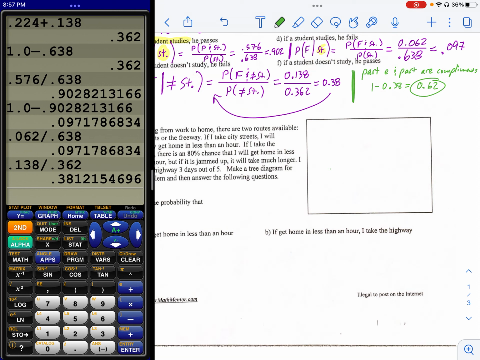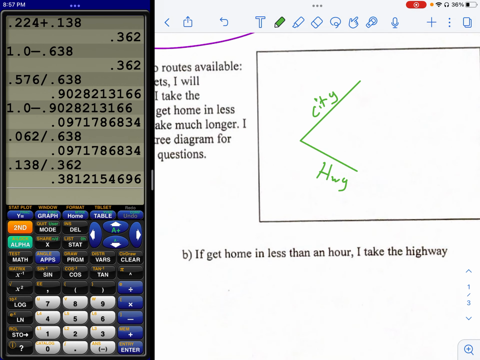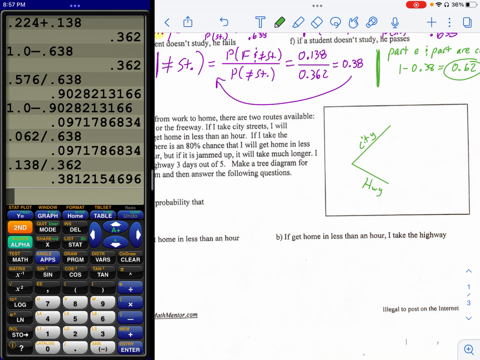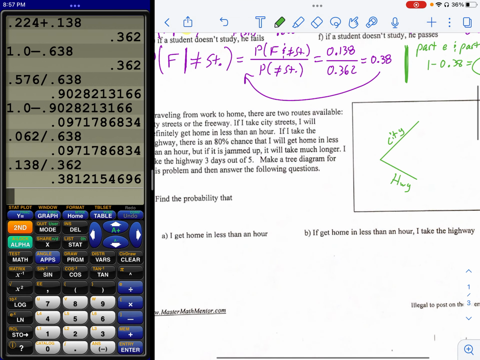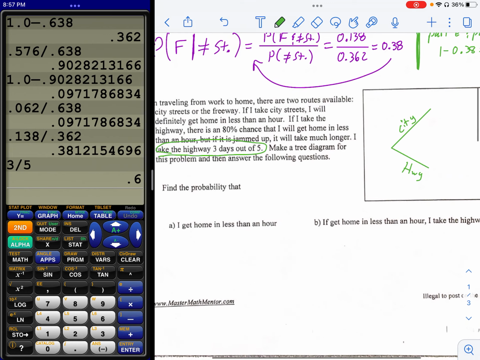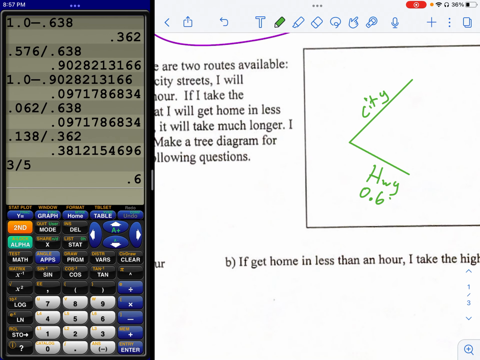What are my 2 main branches? I think my branches are going to be city streets and highway. Now, what is the split? Remember, every time you split, it has got to be 100%. It said, I take the highway 3 days out of 5. 3 divided by 5, so that's 0.60. So this is 0.60, and then you take the city streets, 0.40.